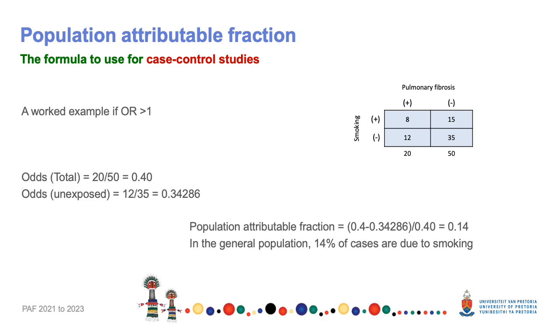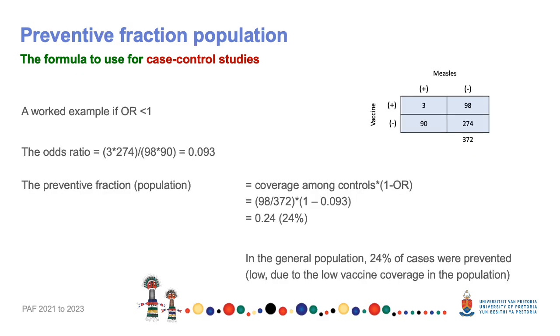The odds amongst the unexposed is 12 over 35, which comes to 0.34286. And we then work out the population attributable fraction as being 0.14. So in the general population, 14% of cases are caused by or due to smoking.